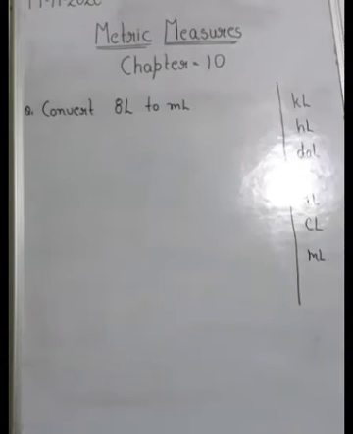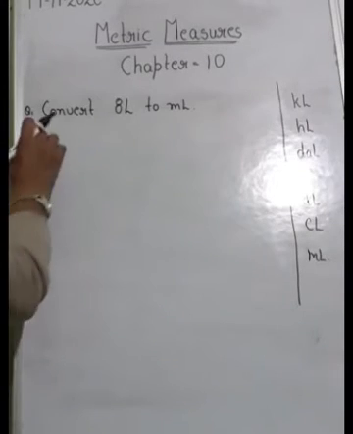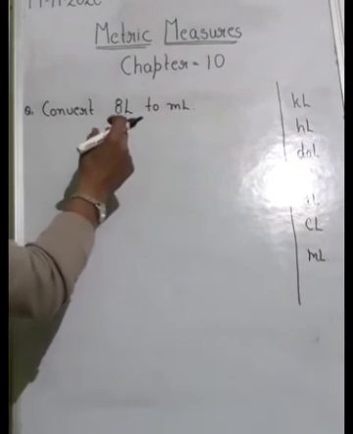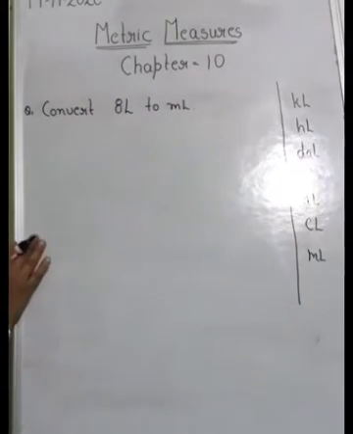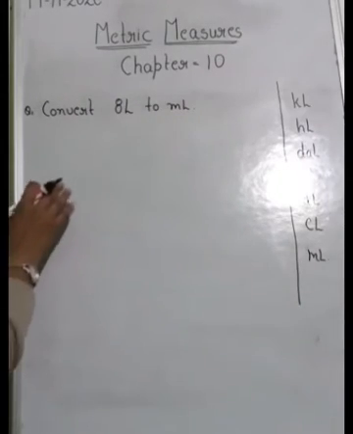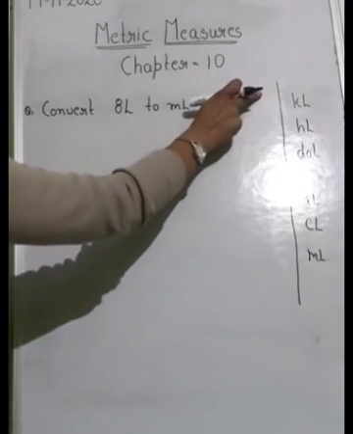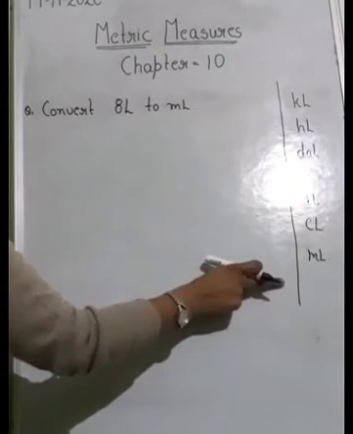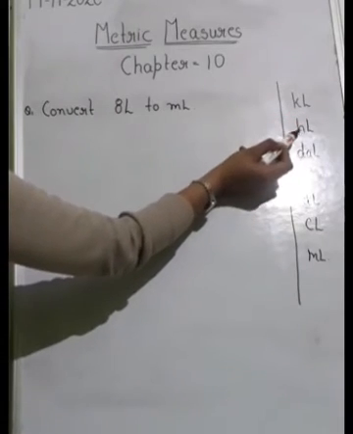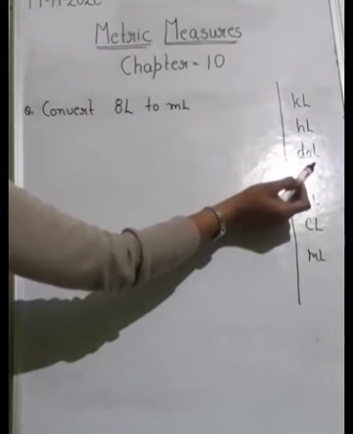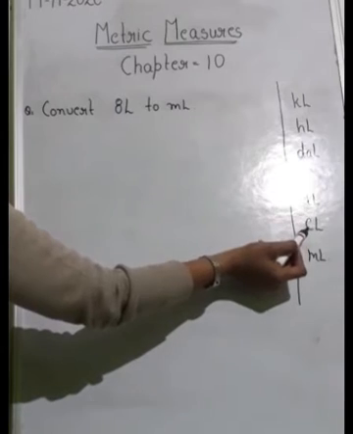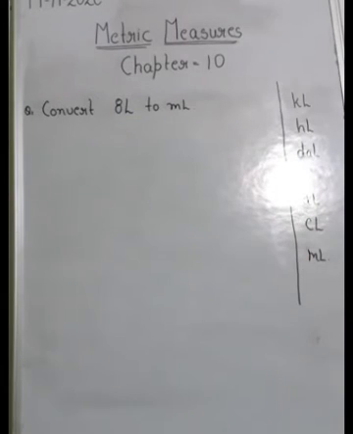Now students, we are going to learn the conversion, how to convert a bigger unit into a smaller one related to your capacity. I have written the short forms and all the units related to capacity over here: kiloliter, hectoliter, decaliter, liter, deciliter, centiliter and milliliter. Clear?